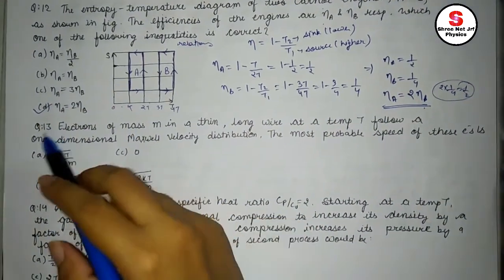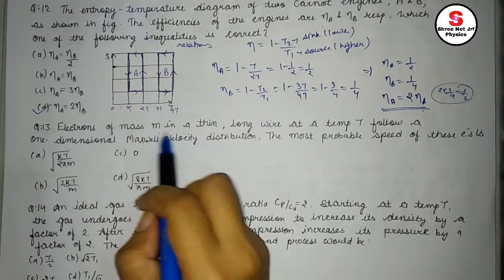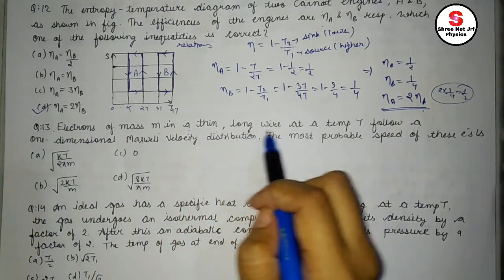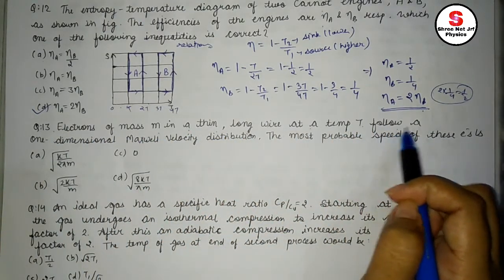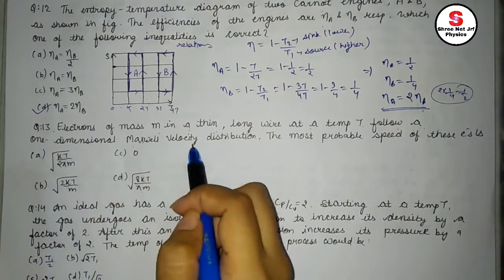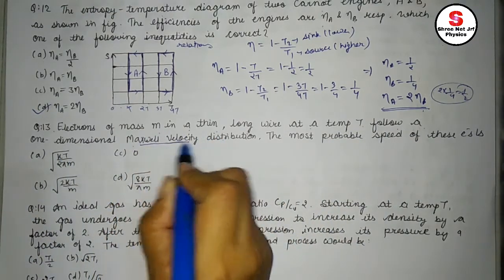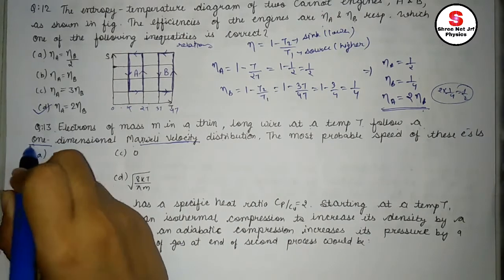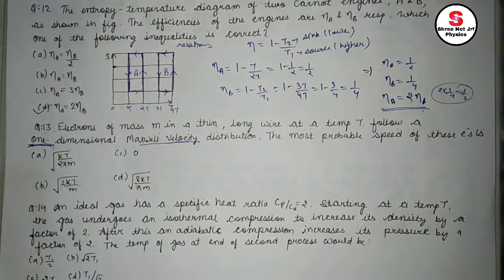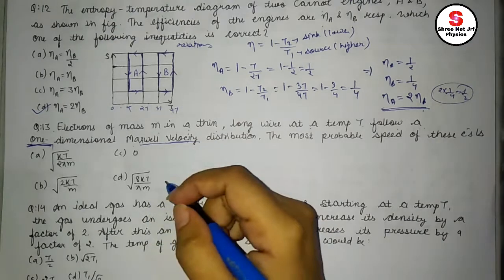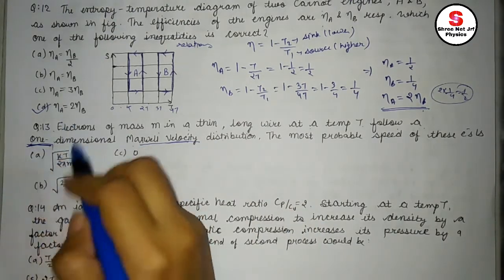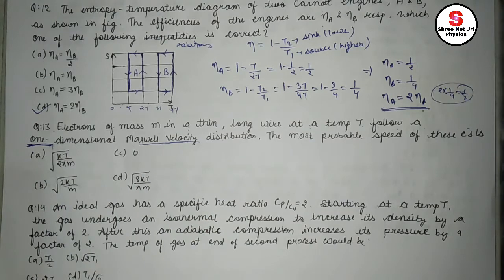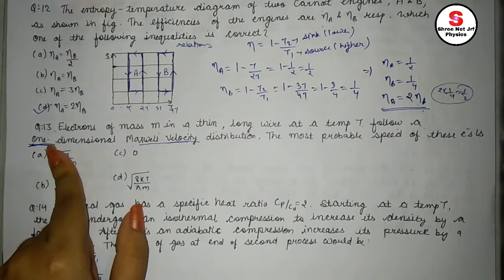See the next question, question number 13. Electrons of mass m in a thin long wire at a temperature T follow a one-dimensional Maxwell velocity distribution. Just see this, it is one dimension. Don't get confused in the exam in a hurry. Many students just consider 3 dimensions and write the results for 3 dimensions. Here they are saying 1 dimension.